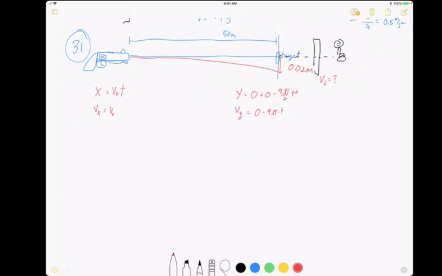I drop an apple the moment the trigger is released. The apple is going to move vertically the same way this bullet moves vertically. So when the bullet hits the wall, it's going to be at the same height as the apple the whole time. Does that make sense to you? And the reason is that the y components of the motion evolve independently of the x components of the motion.